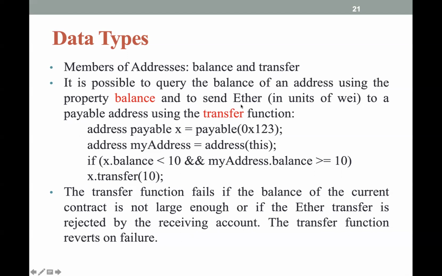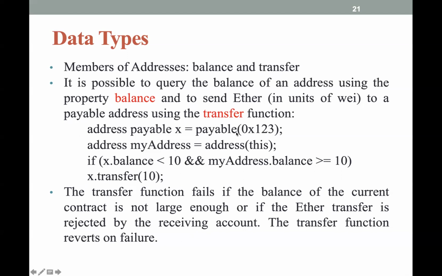And similarly, we have a transfer function. If you want to send ether from one account to another account, that address should be payable first. And when you are transferring, for example, I want to transfer the money to the address x, and I just took a sample address here. How you can specify the address: 0x, because this is a hexadecimal number, so it always starts with 0x and then 1 2 3 and so on.